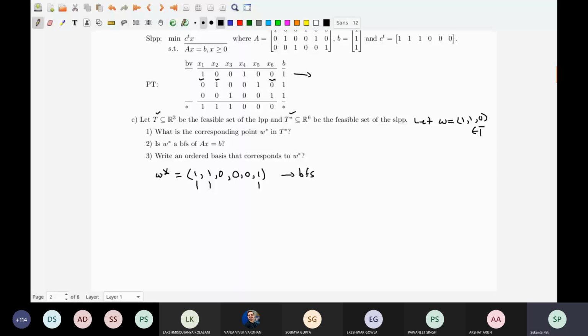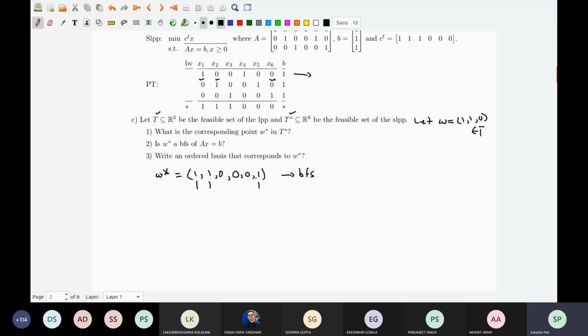No problem. Fine. We go to point 3. Write an ordered basis that corresponds to W star. If you want to write an ordered basis, A is m by n, meaning 3 by 6, so you have to select 3 linearly independent columns, and definitely you will include the ones that have positive entries.